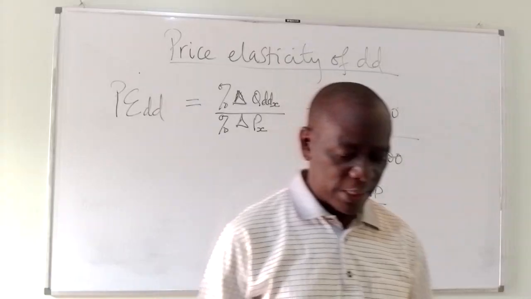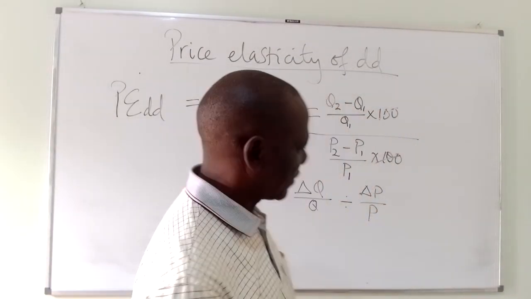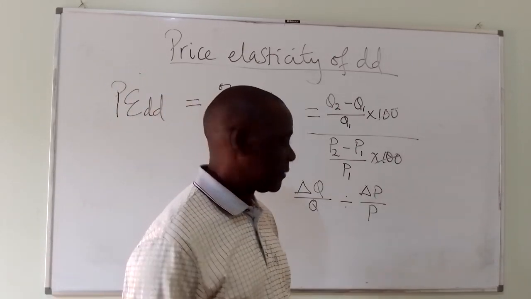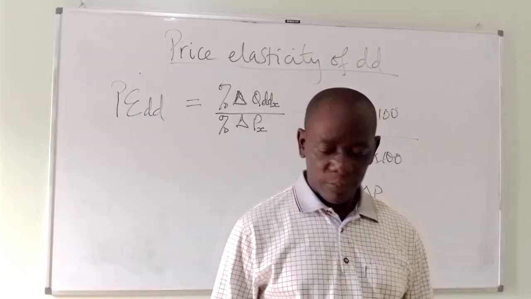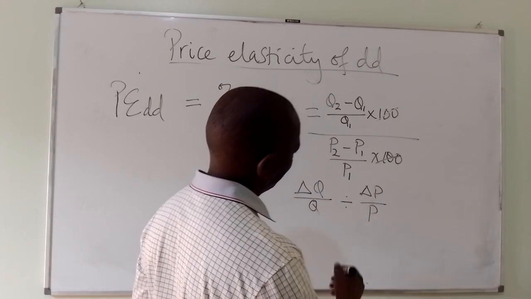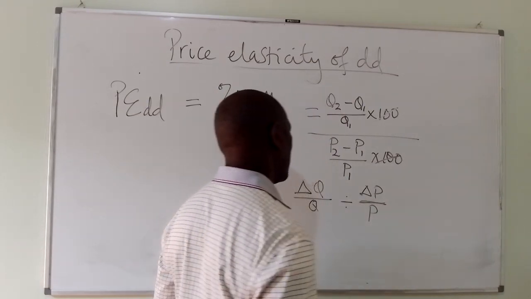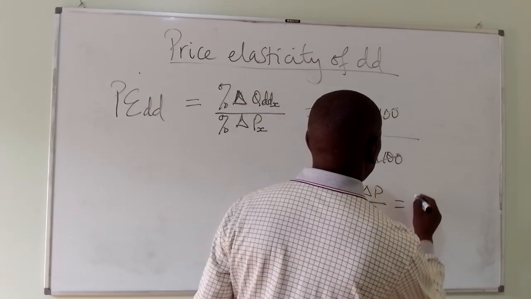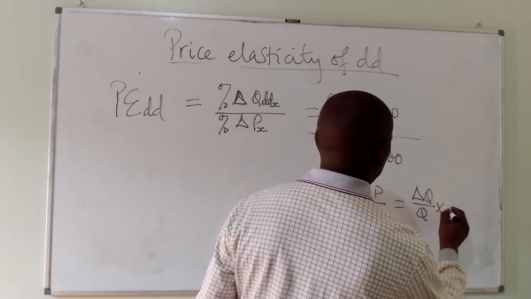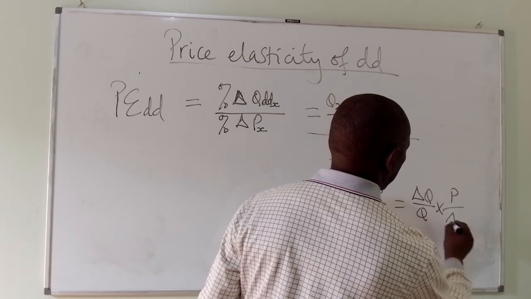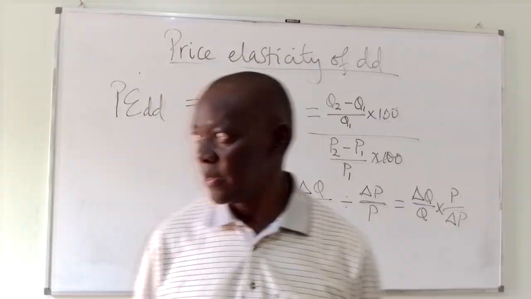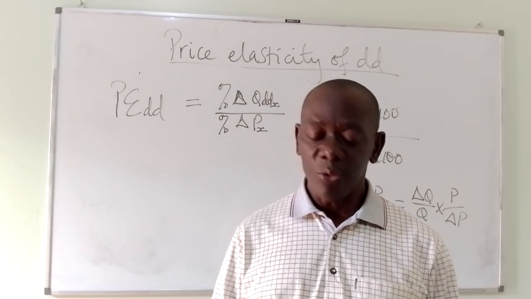Now you know in mathematics, the moment you have such a situation, what you do is change the side, this right hand side. So you put it as change in output over output times P over change in P. That's what you have to do.